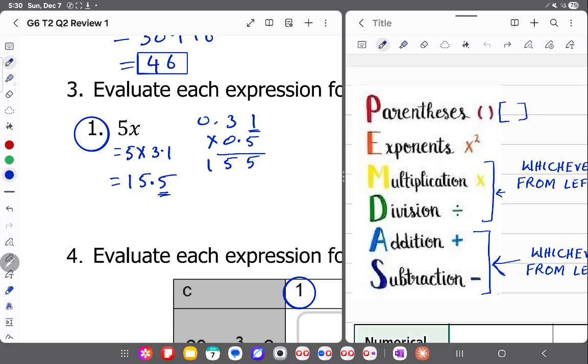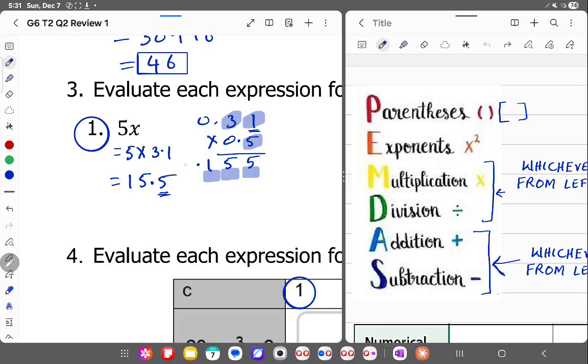Now you calculate the total number of digits after the decimal in your factors: 2 digits here and 1 digit here, which means a total of 3 digits. Your answer must have a total of 3 digits after the decimal, so you count 1, 2, 3 digits and write a decimal.